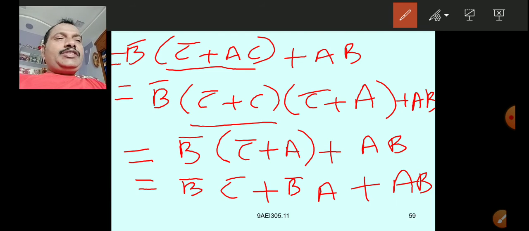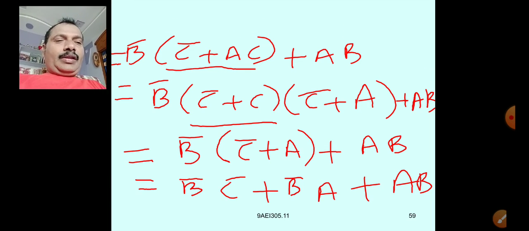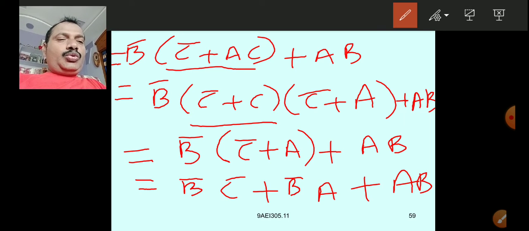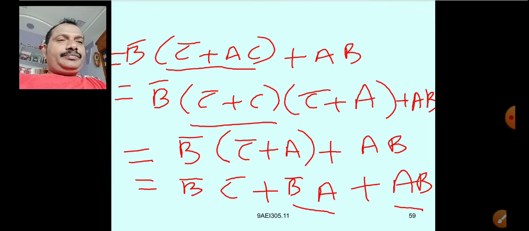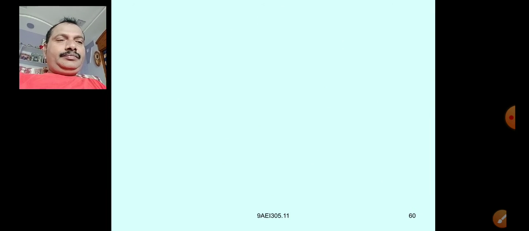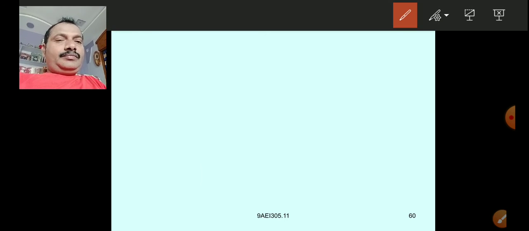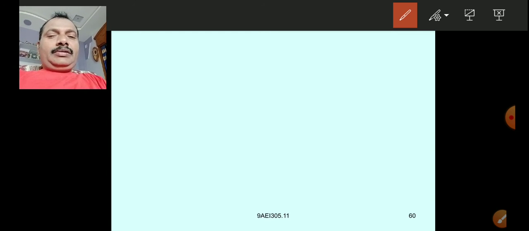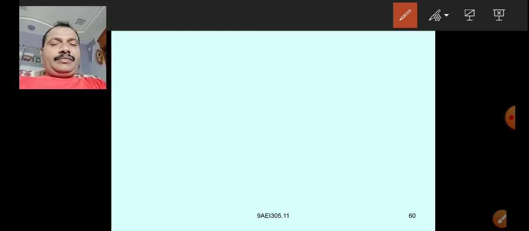Now in the next step, out of these two terms you have to take common A. After taking common, what do you get?